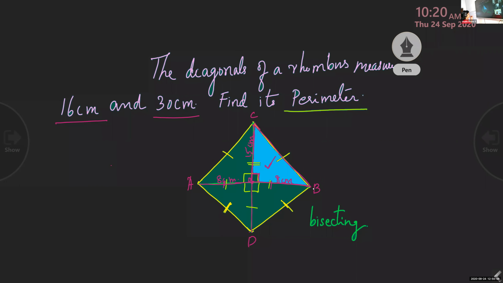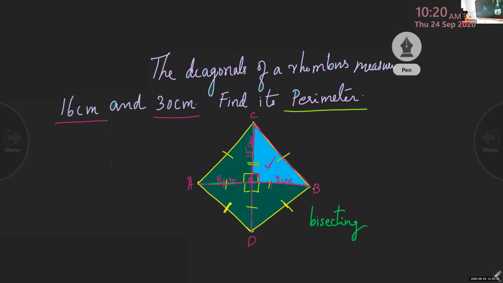Mariam, can you tell me what is CB in that right triangle? See, OC is the altitude and OB is the base. Now what is CB there? It's a right triangle.